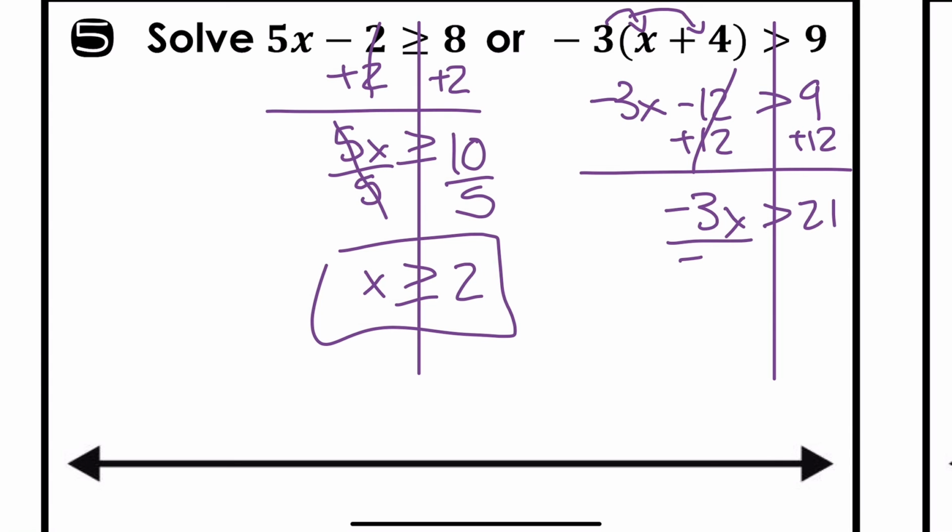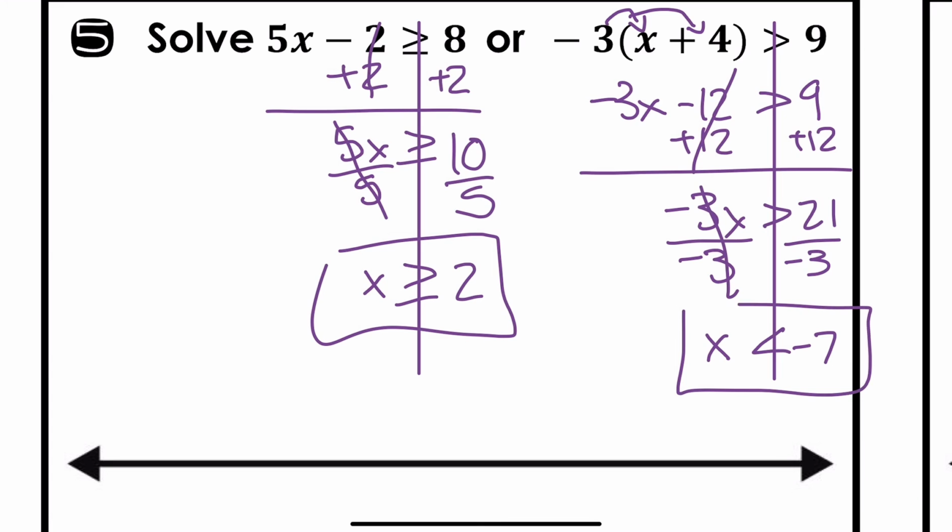I'm going to divide by negative 3 to get rid of it. Whatever you do to one side, you got to do the other. So I've got x, and I got a negative 7 over here. And just a reminder, we just divided by a negative number. So I'm going to have to switch my sign to be less than. And that is our second answer.